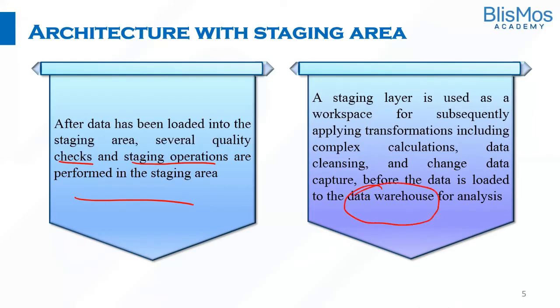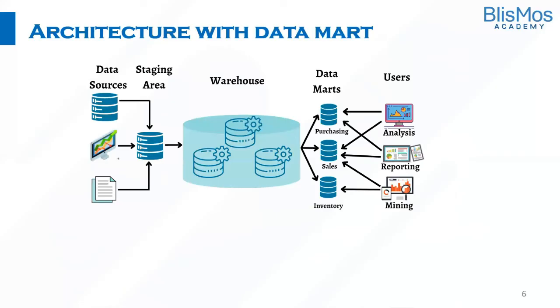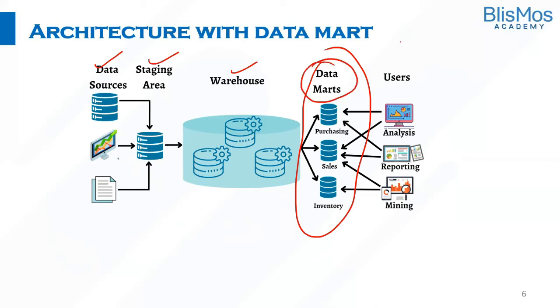What happens with the architecture with data mart? Very simple. In the earlier layer, there was no data mart. We had data sources, staging area, and warehouse. In this architecture, we are also bringing in data marts. Data marts are a subset of the data warehouse, and we'll see what data marts are in our subsequent videos.